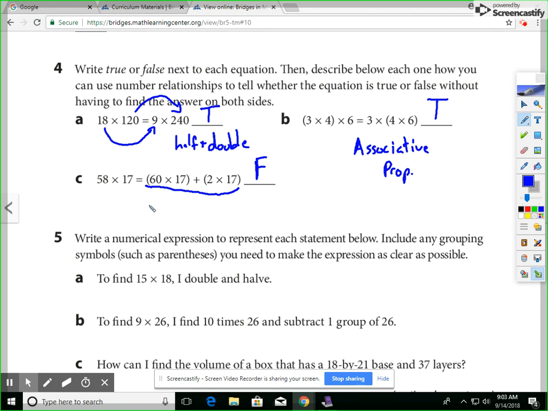So the explanation there is maybe they could have said, if we just put minus there, that would be true. 60 groups take away 2 groups. So you just put subtract instead of add, and we draw an arrow to that right there.